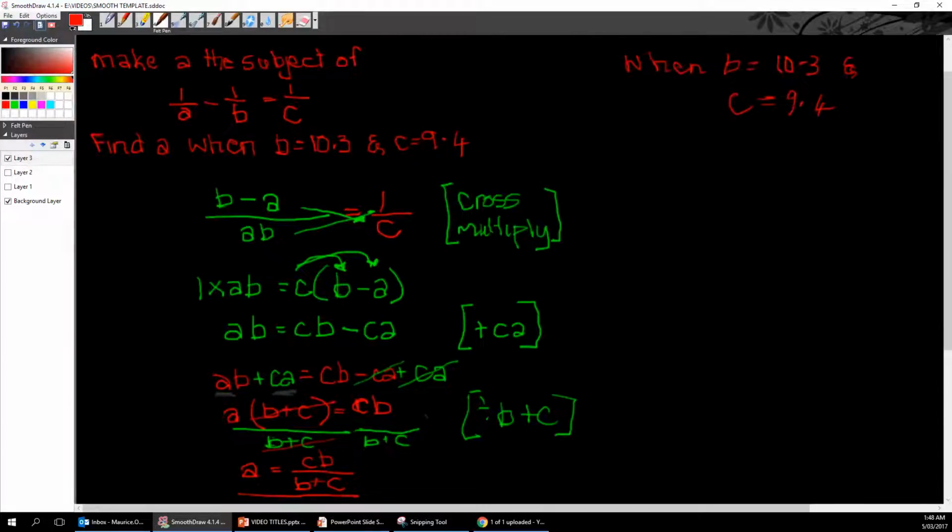So we put that in our formula. A equals CB, which is 9.4 times 10.3, all over 9.4 plus, oh, I've got them in the wrong order.